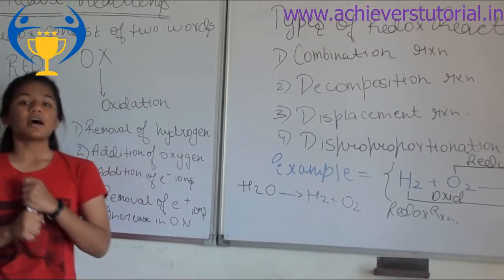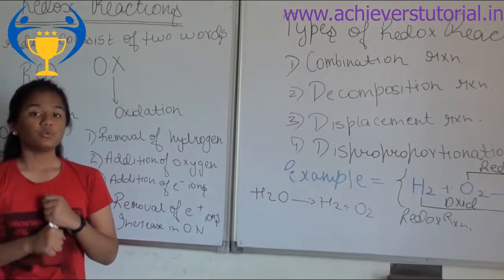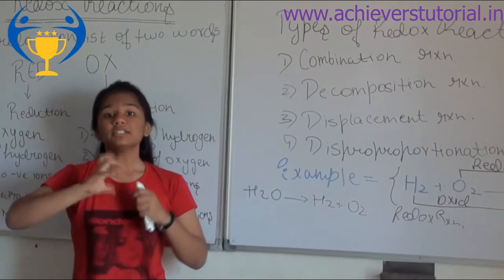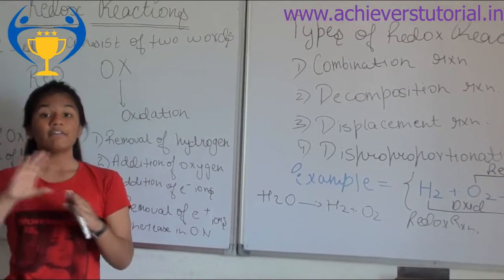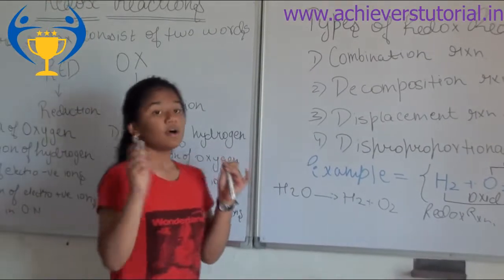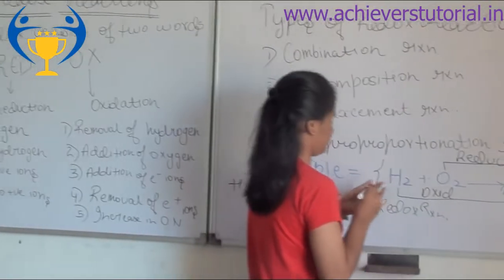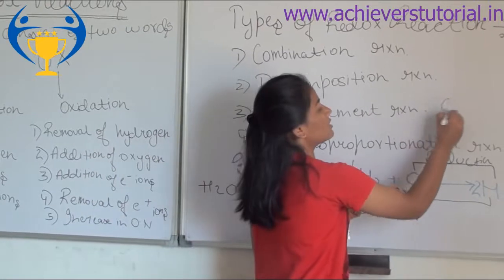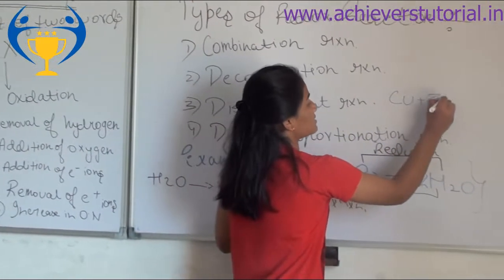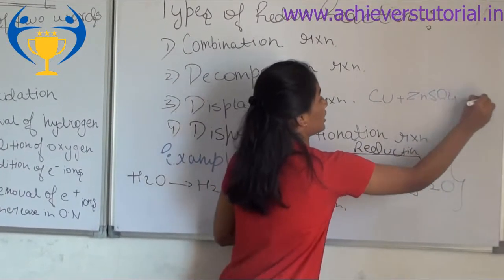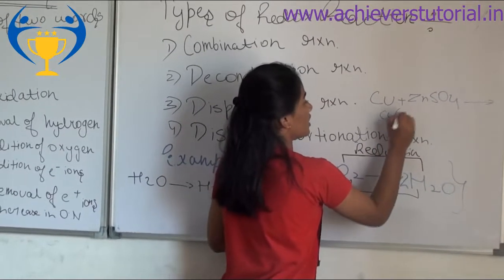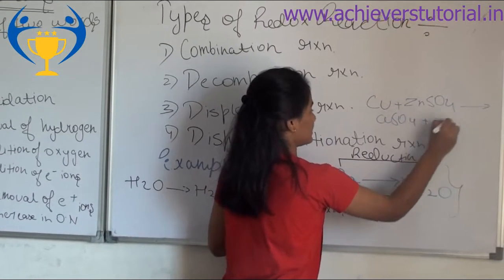Now, displacement reactions. Displacement reactions are those reactions in which the atoms or the ions are exchanged when they go to the product side. For example, Cu plus ZnSO4 gives CuSO4 plus Zn.